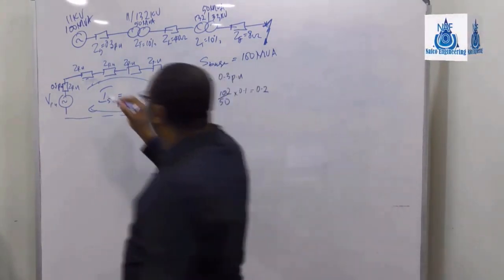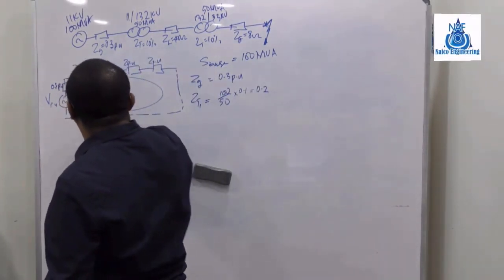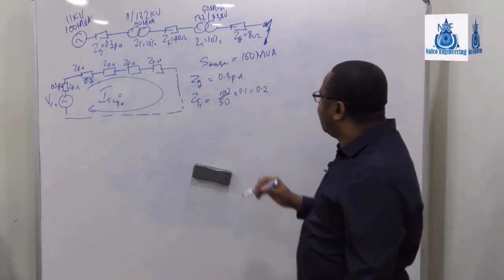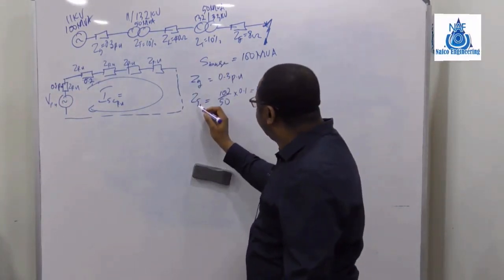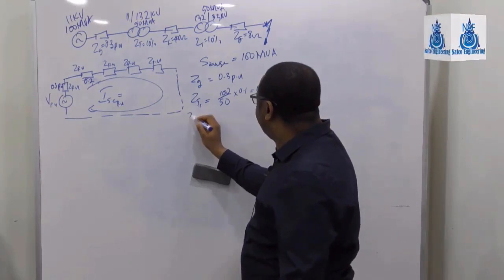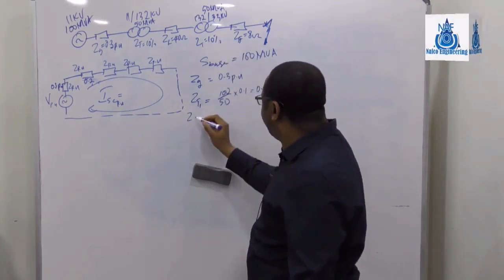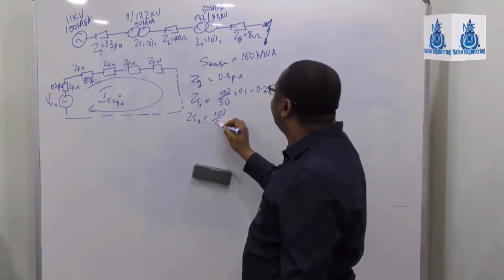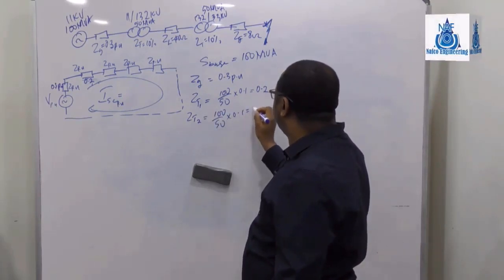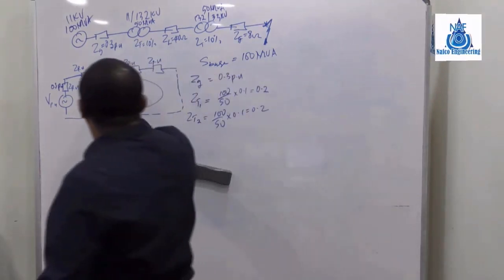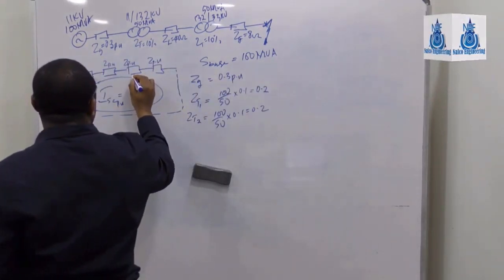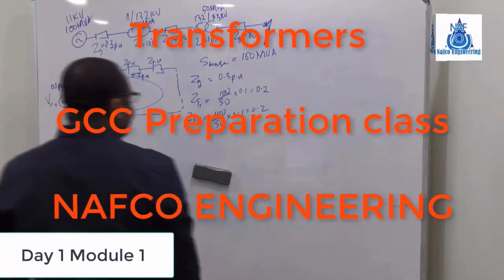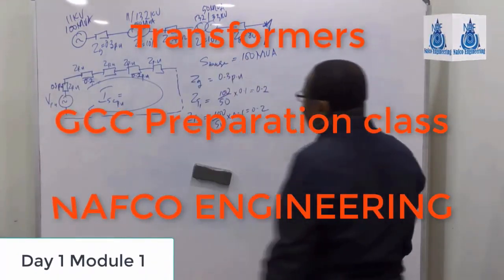Okay, so that means here is 0.2 in per unit. Z of transformer 2 is the same thing, 100 over 50 times 0.1, which is 0.2. So Z of transformer here is also 0.2 in per unit.